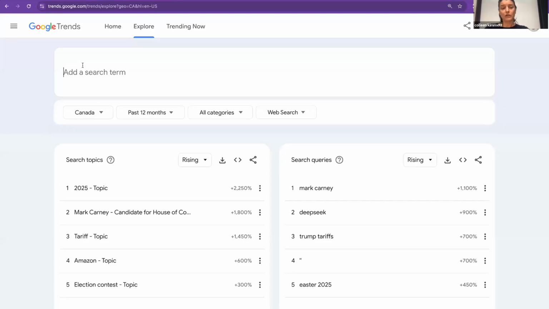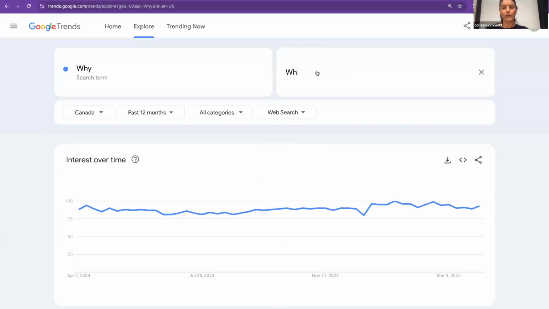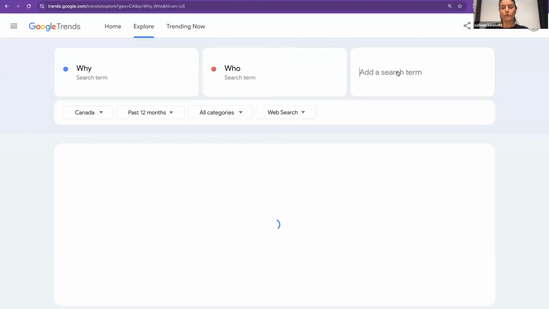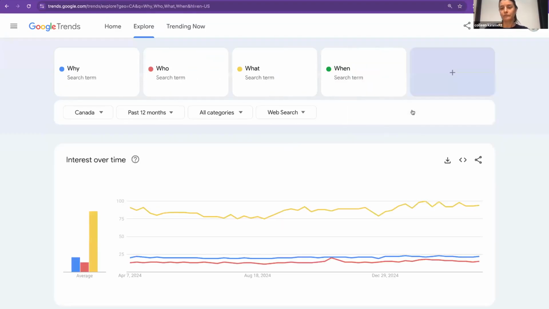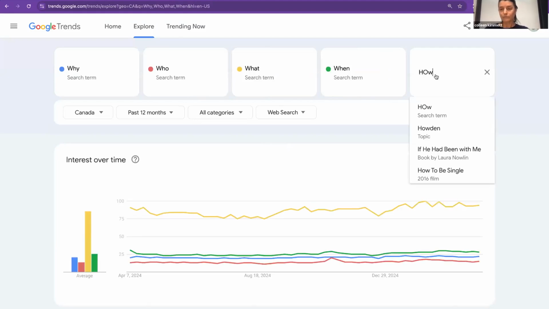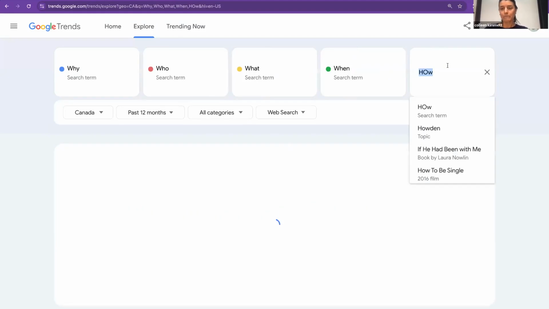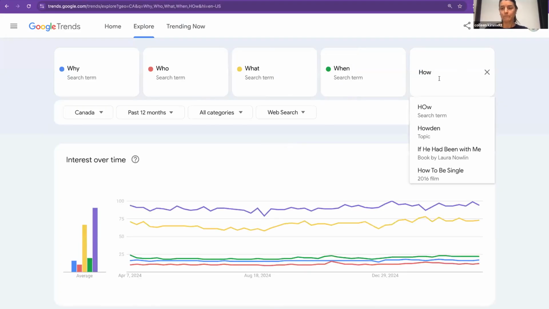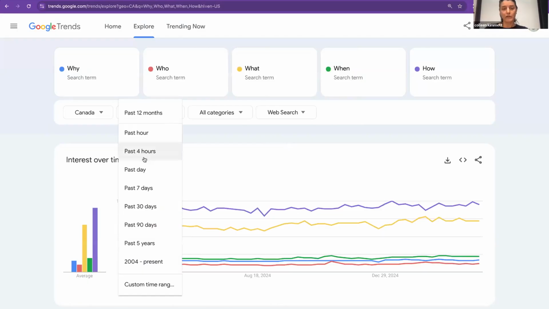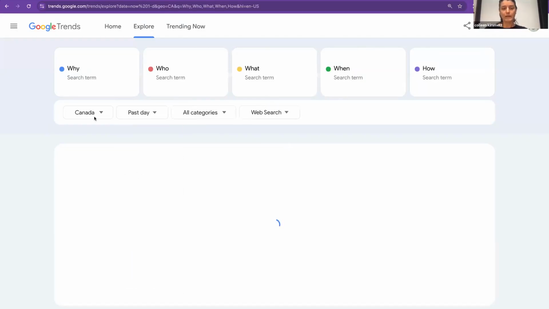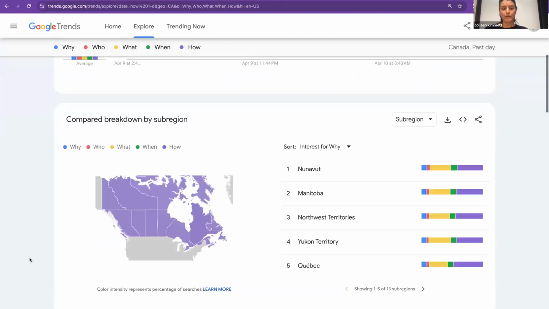You can also do this, just start with the beginning of questions: who, what, when, why, how. And then drill down to very recently. So we could go for the past day. And then you could click on whatever province you're interested in.